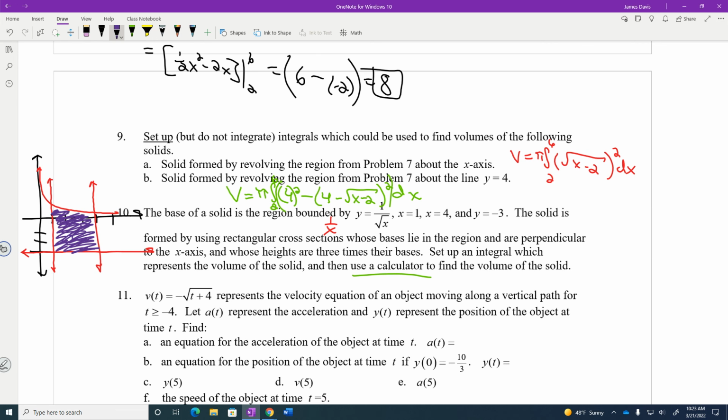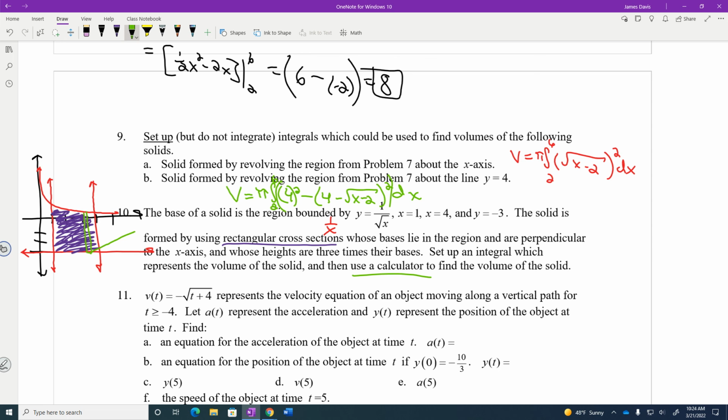So we're supposed to now, a lot of words in this one, find the integral that represents the volume of the solid. Solid is formed using rectangular cross sections whose bases lie in the region and are perpendicular to the x-axis. So that's saying they go like this, right? And the height goes back into the board or out of the board, however you want to think of it, is 3 times the base.